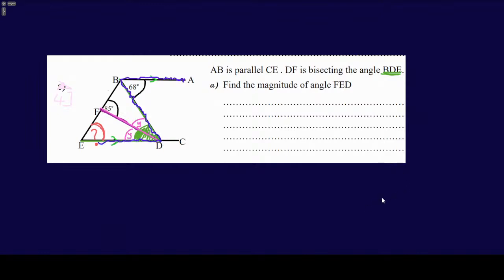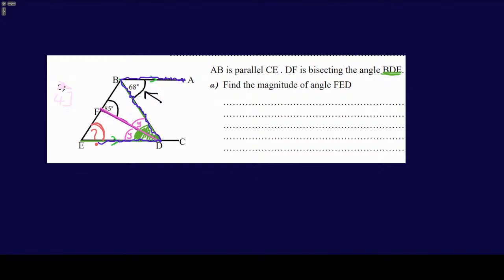So then what should be this green angle's magnitude? If this is 68, what should be the green angle's magnitude? 68. Why? Because there's a rule which says when the lines are parallel, alternate angles are equal. What is the easy way to remember alternate angles? Z angles.